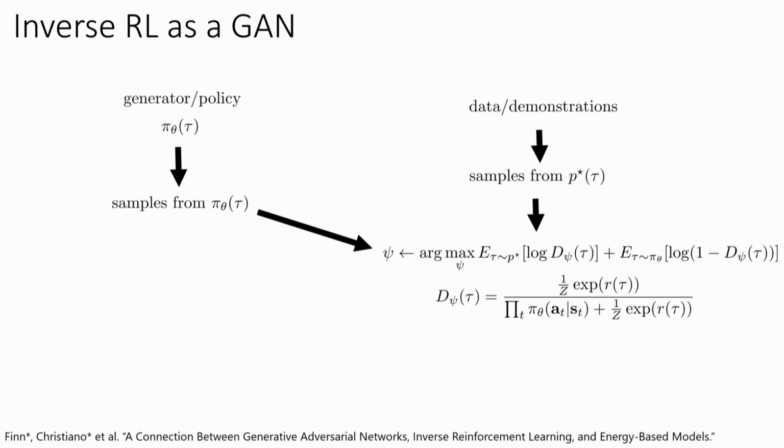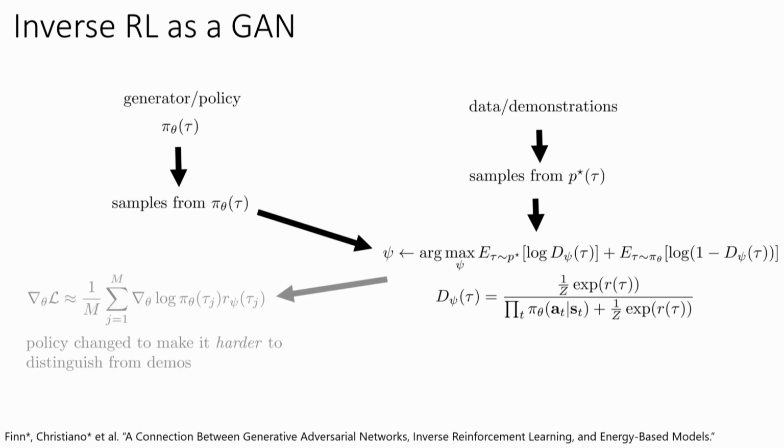So it has this special form, and psi affects these R terms only. And then you train your policy to make it harder to distinguish from the demos. And you can also show that the generator objective matches the policy objective, so you just climb the gradient on the rewards.